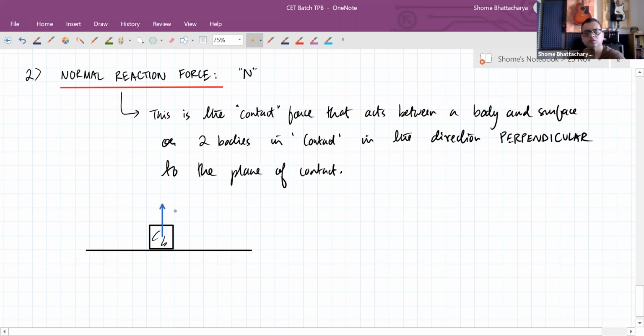So here, this N is the normal reaction force applied on that block by the surface it is lying on.